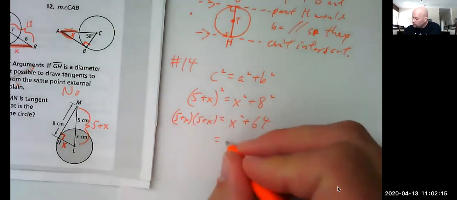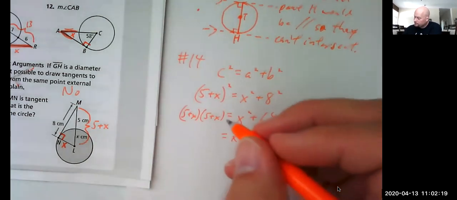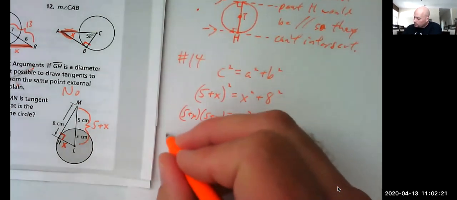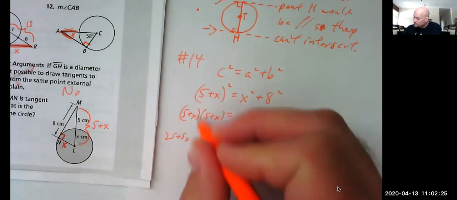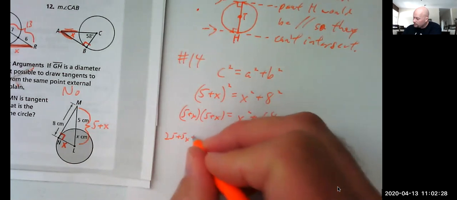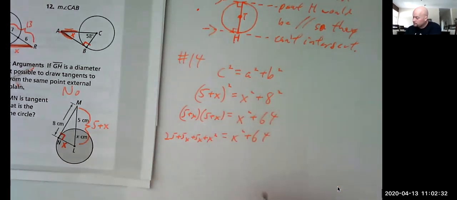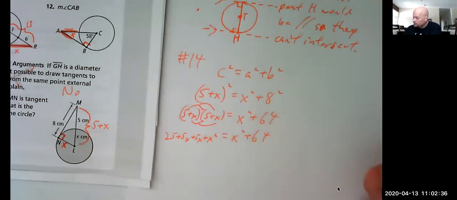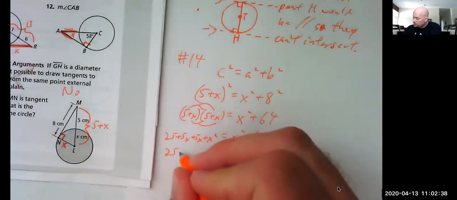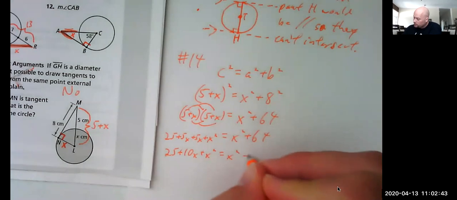So when you multiply this out, you end up with 25, which is 5 times 5, and then 5 times X is 5X, and then X times 5 is 5X, X times X is X squared. Again, we did our distributive property, so using a little bit of algebra, this is now 25 plus 10X plus X squared equals X squared plus 64.